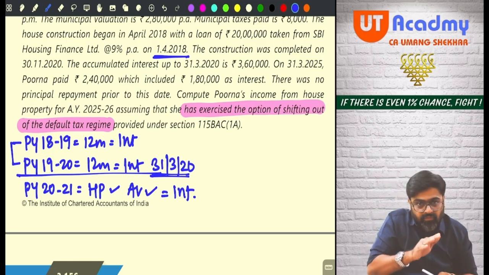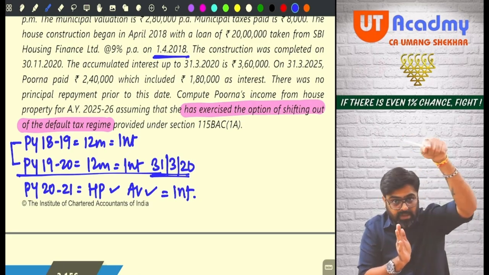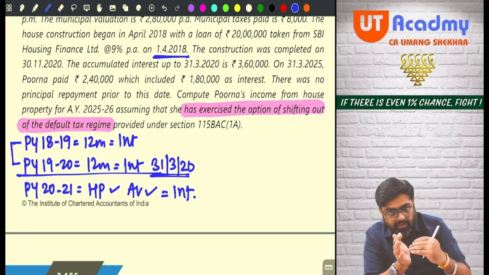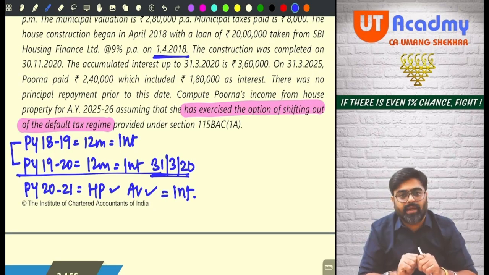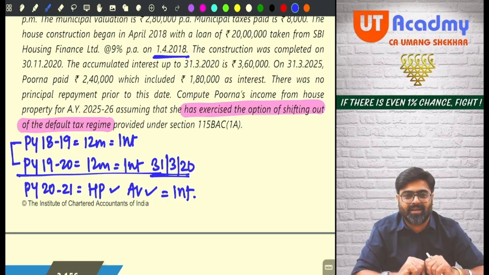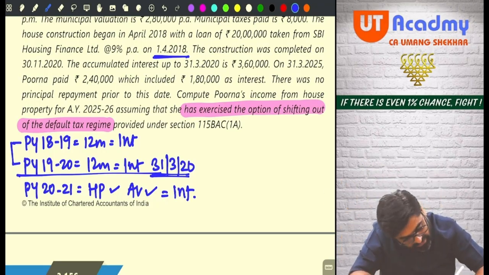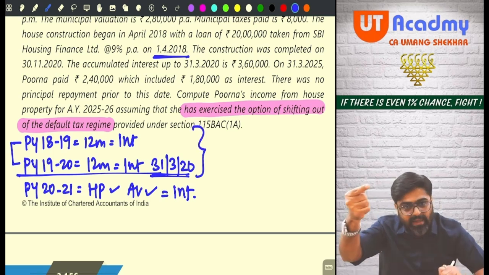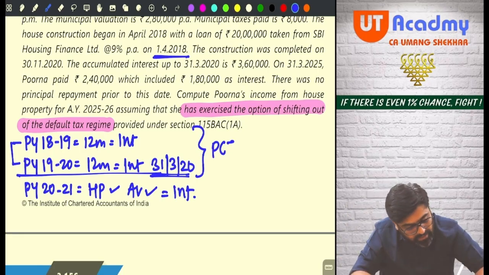Immediately prior to that, 31st March 2020. So from the date of borrowing, 1st April 2018 till 31st March 2020, whatever interest was there, that was not allowed as a deduction because in that period there was no house property. So this interest starting from 18-19 to 19-20, this is my pre-construction interest.